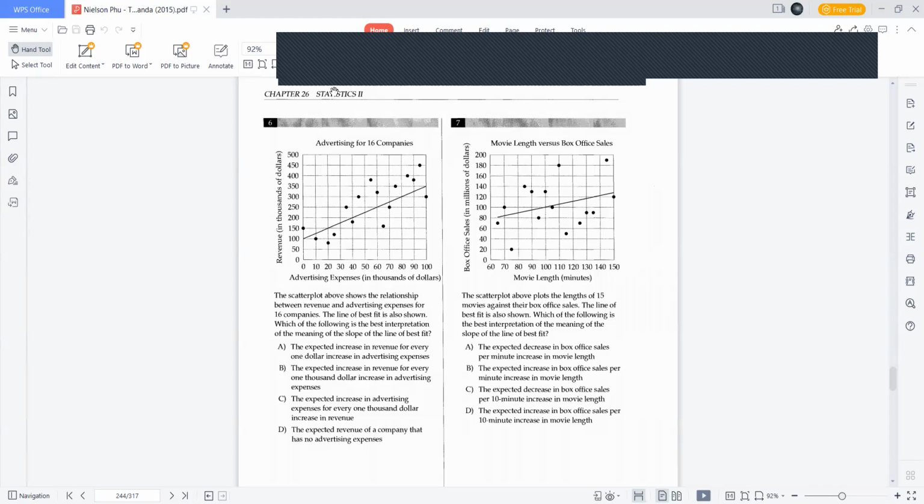So the y-intercept here is 100,000. And so that means that when revenue is on the y-axis, for a $50,000 increase in revenue, you had to spend $20,000 in advertising. That means it's roughly for every 50,000 you have to spend 25.